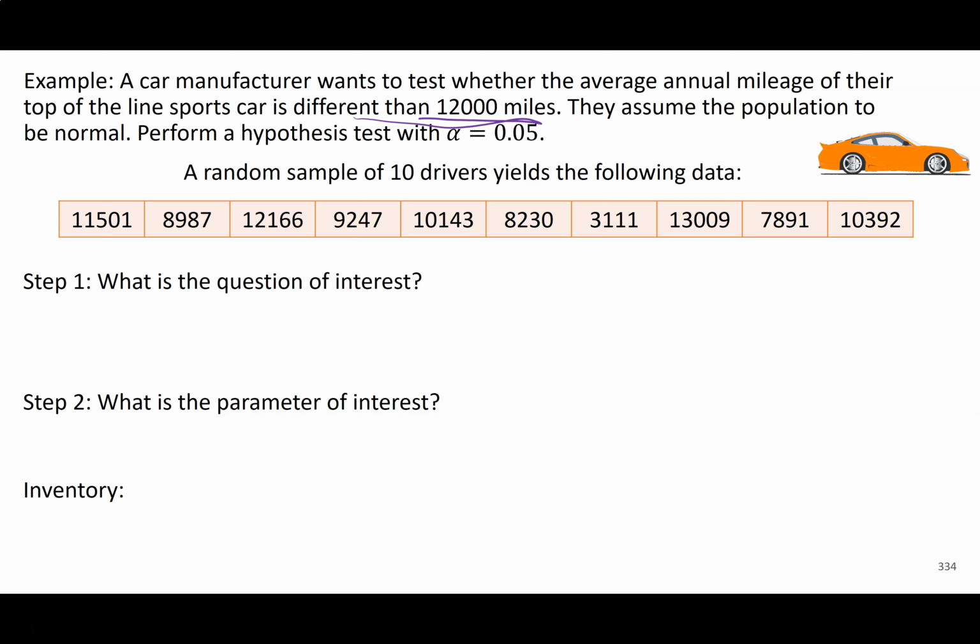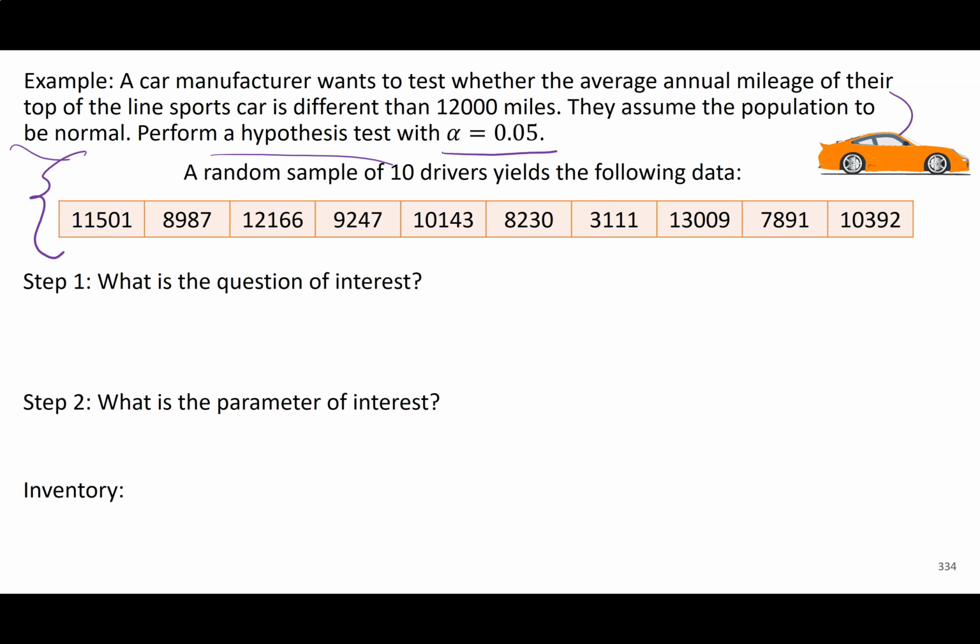And this, once again, could factor into a lot of things, like what kind of parts they might expect to need to replace, or maybe what kind of parts they're going to put in the first place. So we're going to assume the population to be normal, thankfully, and we're going to perform the test with 0.05 significance level. This should be the same data set, 10 drivers. We get the following data.